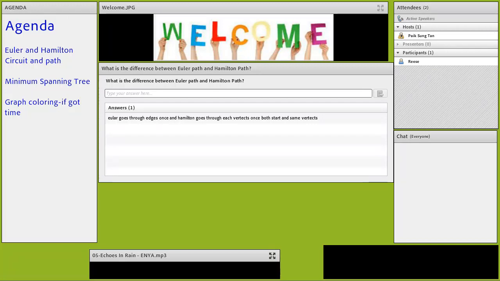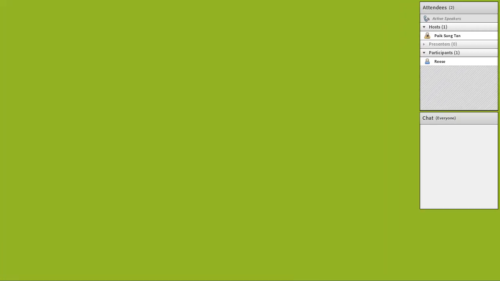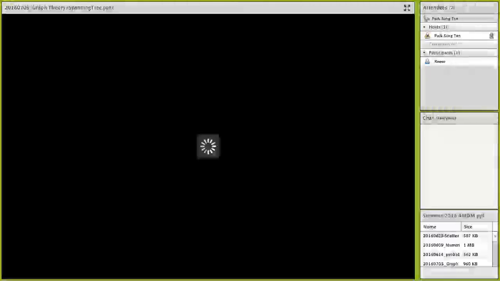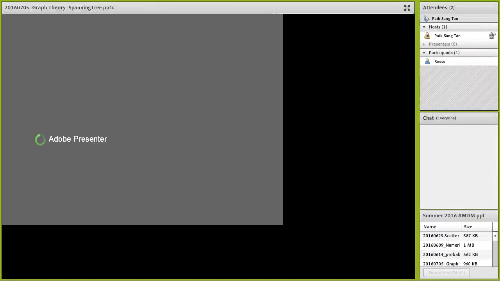So for Euler and Hamilton circuit, instead of path, they will start and end at the same vertex. If we talk about Euler or Hamilton path, then they can start and end at different vertices. So now we're going to look at just a little quick review.